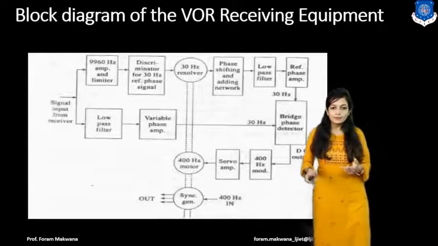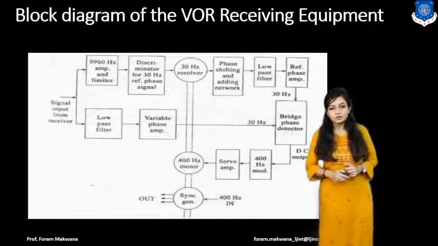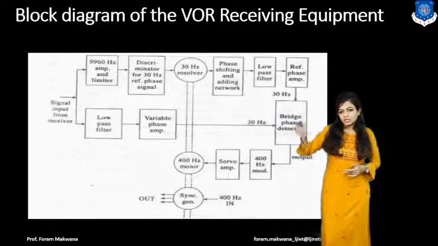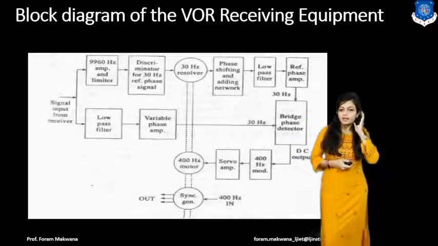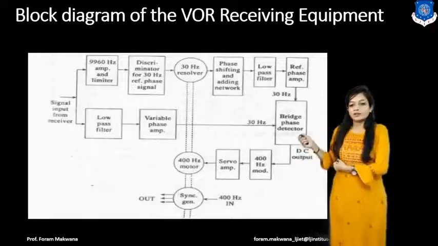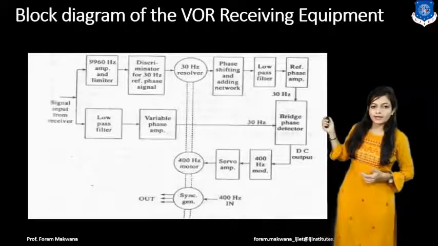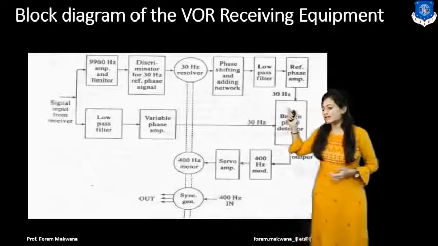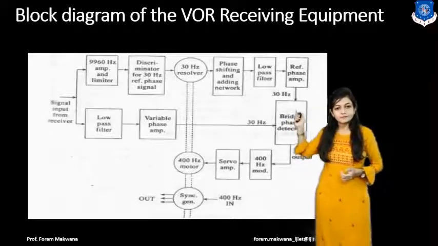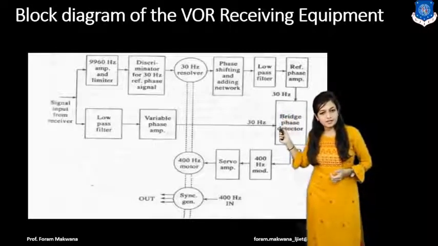Now the block diagram of VOR receiving equipment. Over here, this VOR will be at the receiving side. So we can also say it is a ground equipment. You can identify that there is a 9960 Hz amplifier and a limiter, and a discriminator for the 30 Hz reference phase signal.